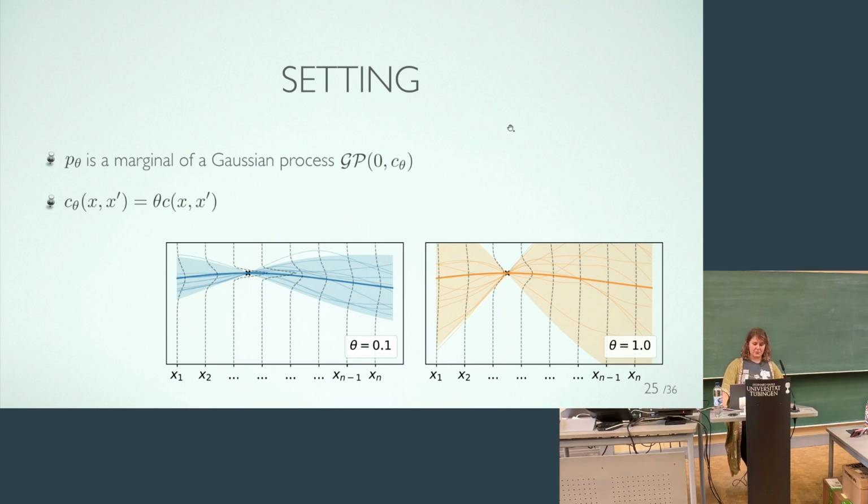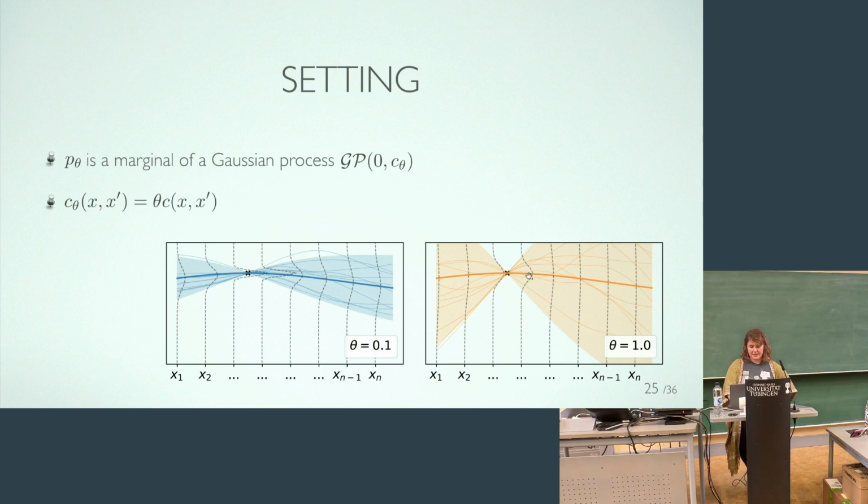Just to reiterate, the setting here is that p theta is a marginal of a Gaussian process with 0 mean and some kernel c with amplitude theta. So c theta is theta times some fixed kernel. The reason that we study the amplitude parameter is it has a great effect on the quality of uncertainty quantification of the model.